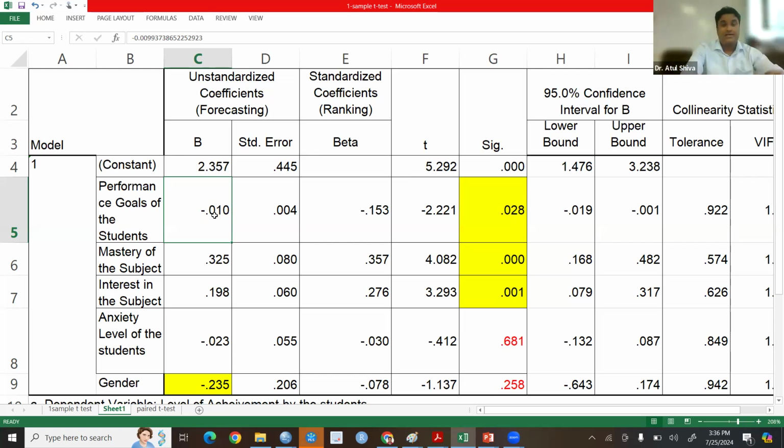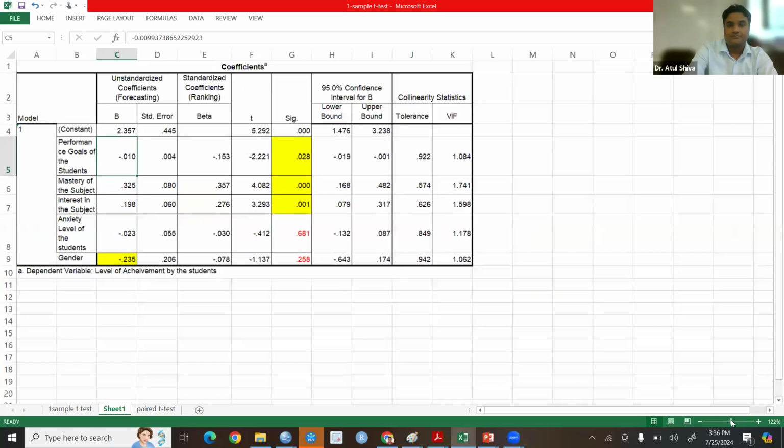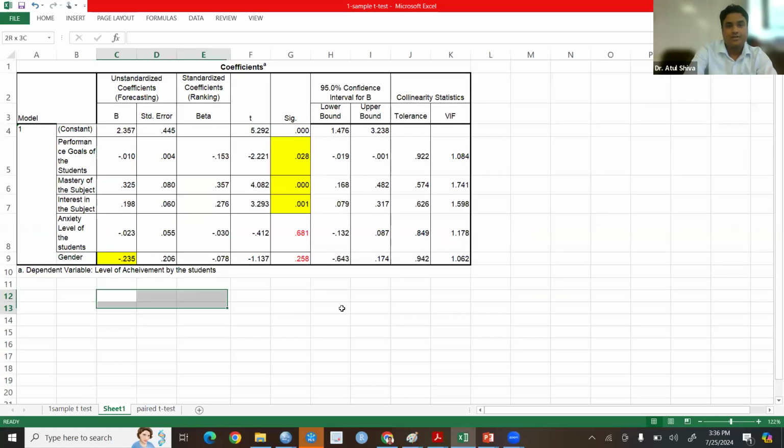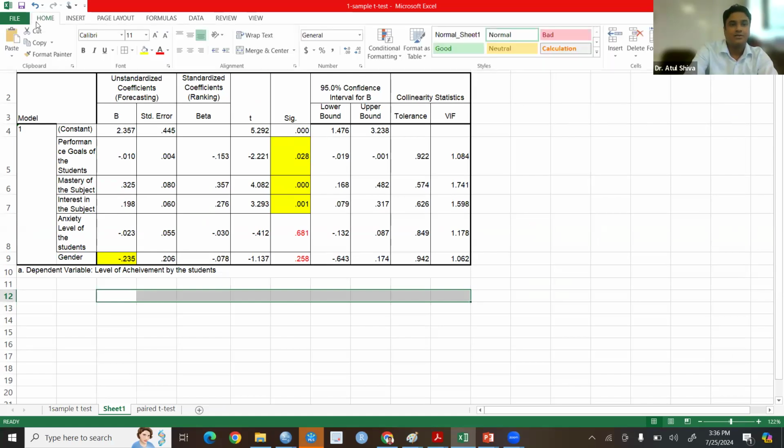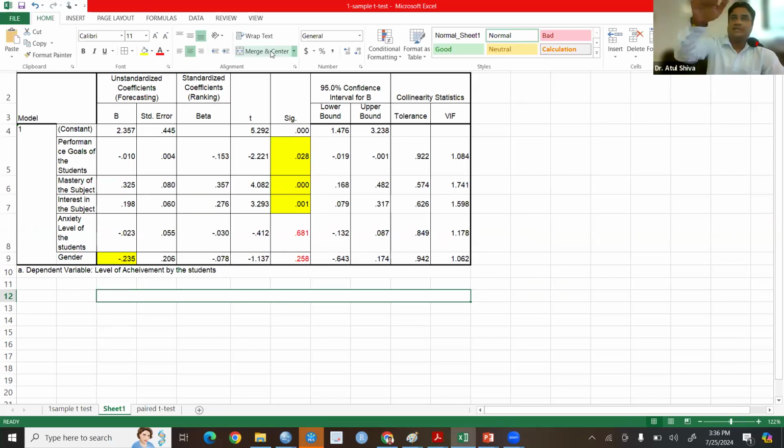Let me make the regression equation also for all. Standardize: you know that standardize is x minus x bar divided by my standard deviation.